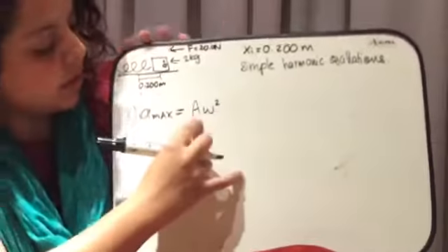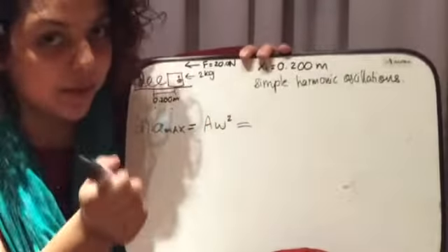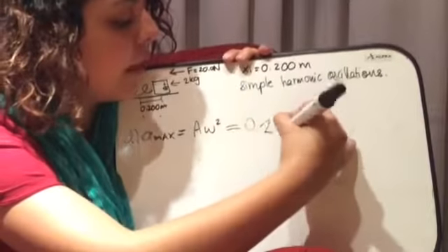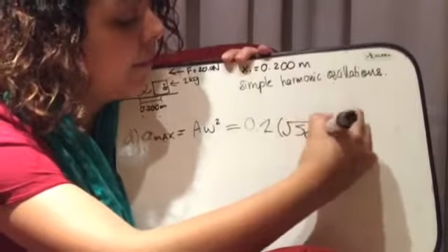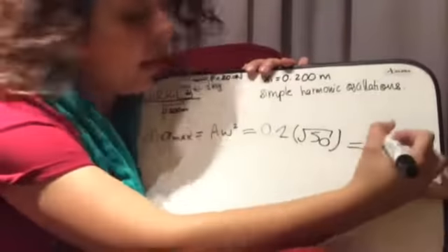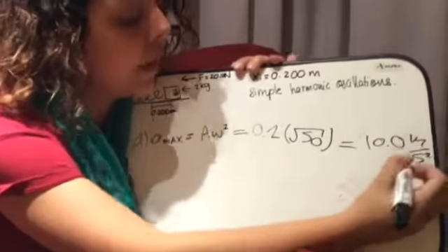Letter D asks us to find the maximum acceleration, which is equal to the amplitude times omega squared. So this should be 0.2 meters times the square root of 50 squared, and this will equal 10.0 meters per second squared.